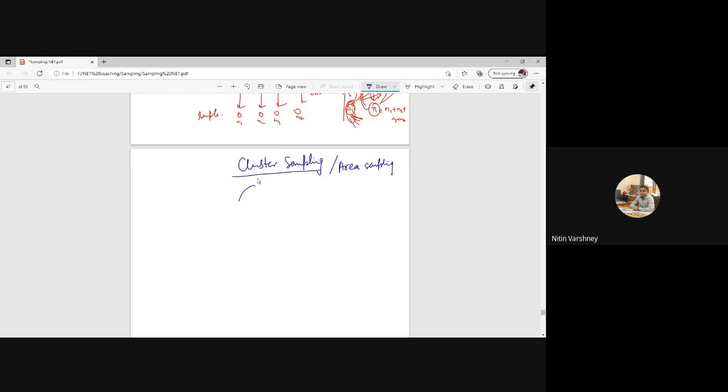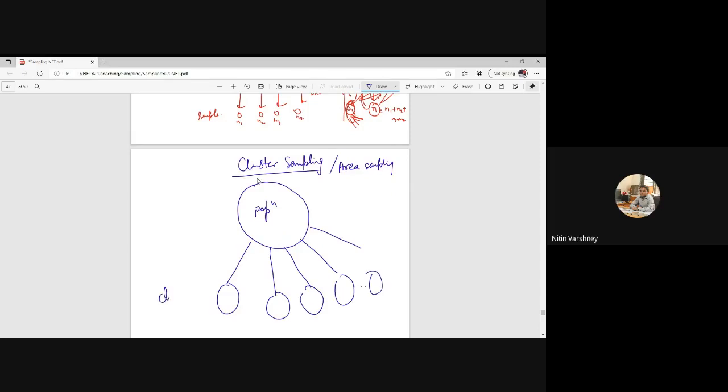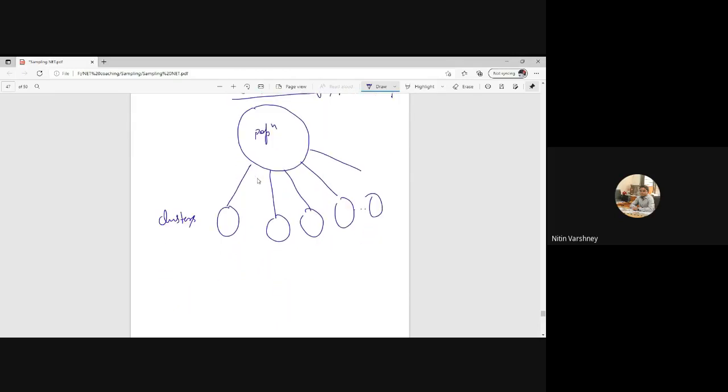Basically the population is there, and just like strata, we will make clusters. After making the clusters, we will select a sample of clusters.